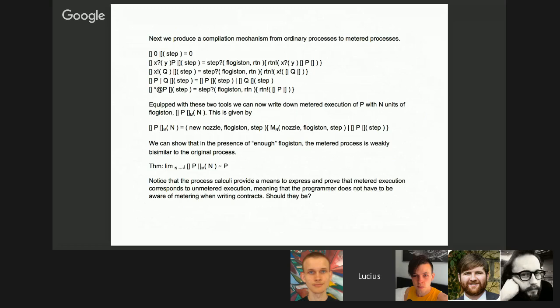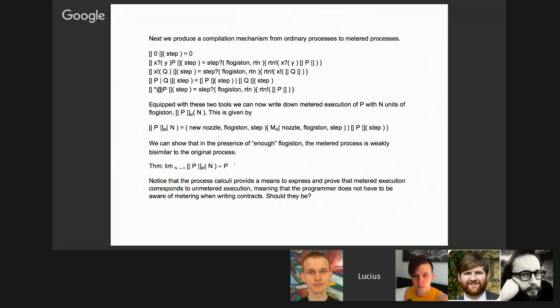A theorem that says the code which doesn't mention gas runs exactly the same as, or is bisimulated by, the execution of the virtual machine. So even that basic notion of correctness, I don't think that's been proven for the Ethereum virtual machine. If it has, I'd love to see the proof. But the proof here is really quite straightforward. And so already we're beginning to see some dividends.